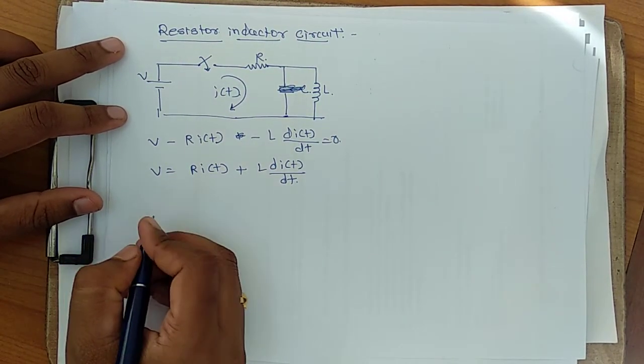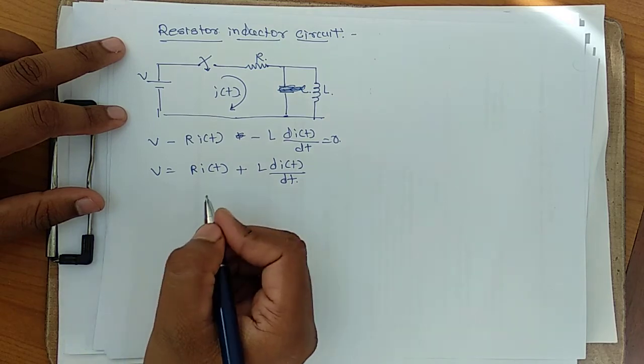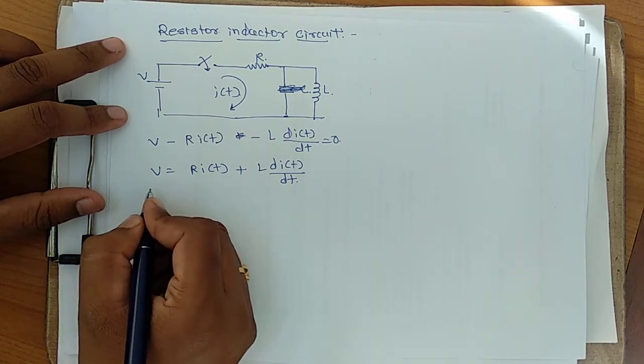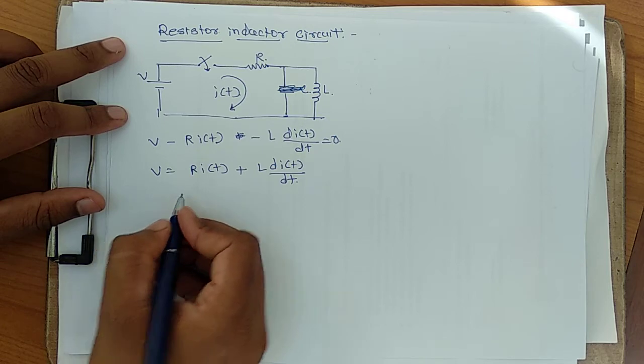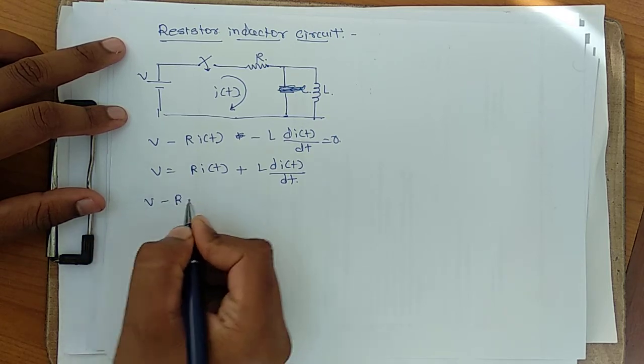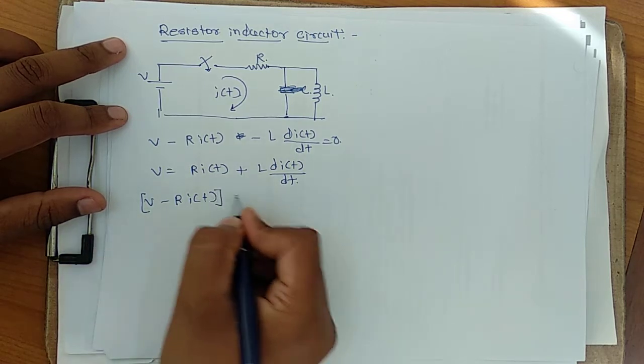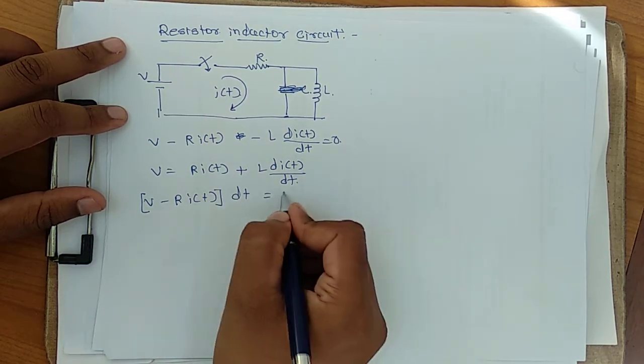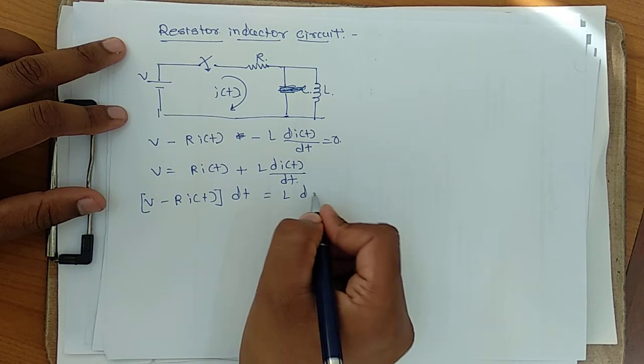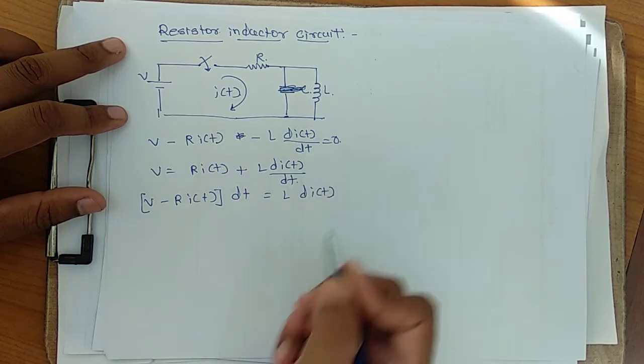I will take this as V minus R I of t for the whole, that is, dt equals L dI of t.